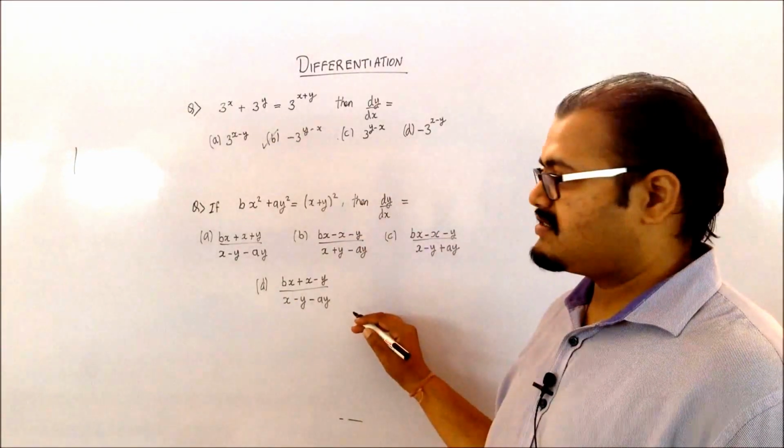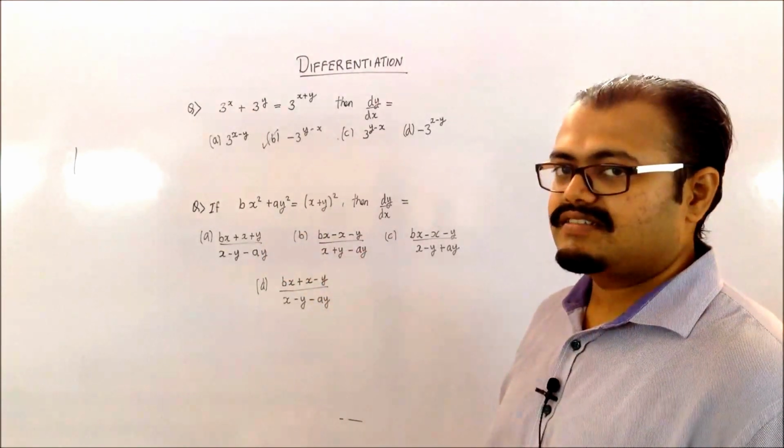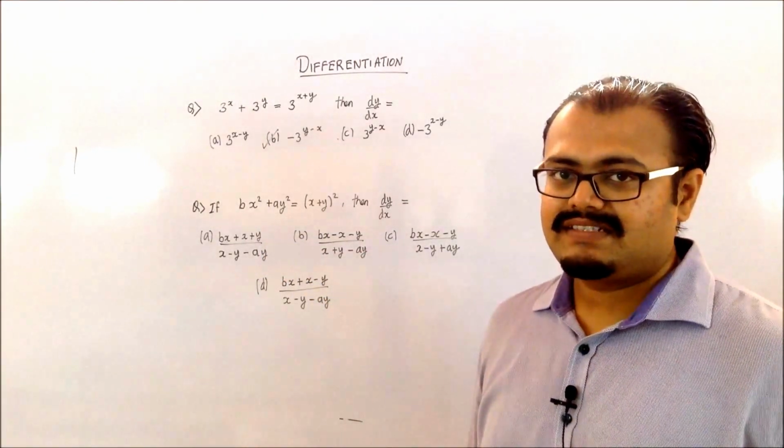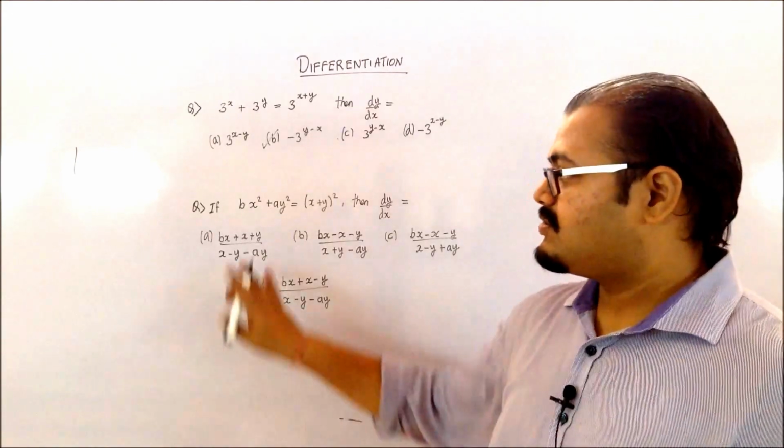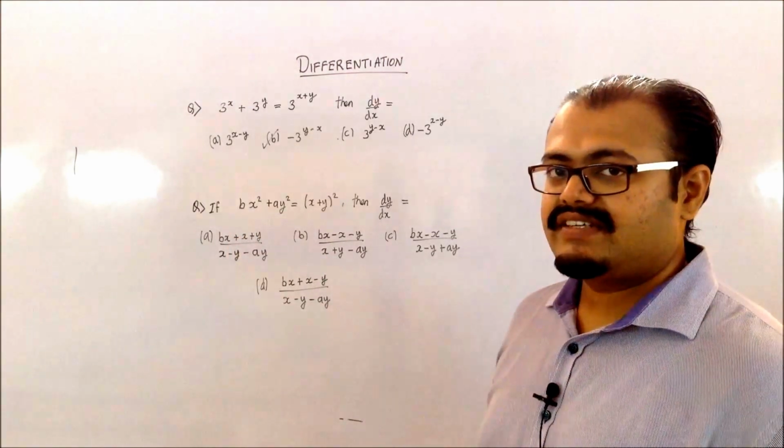Now next question, you again have something like this wherein your y is not explicitly shown as a function of x. So what you can do is you can directly take derivative of this.